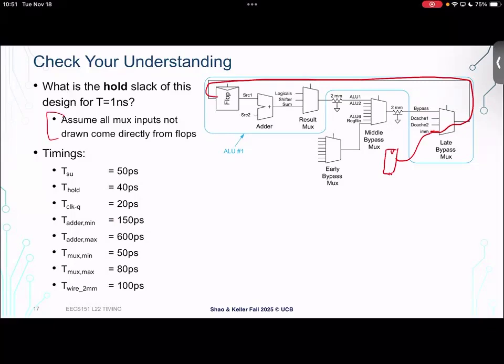So it's definitely not safe to assume that the fast path is going to be the same one as the slow path, right? Because remember, these constraints need to be satisfied for the entire design. So there was a little bit of a trick, but not that much. So given that, we can analyze the hold slack, right?